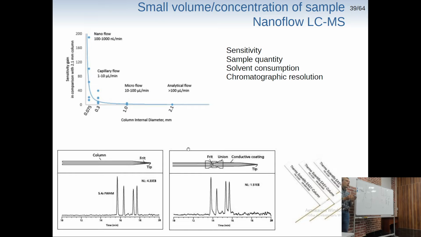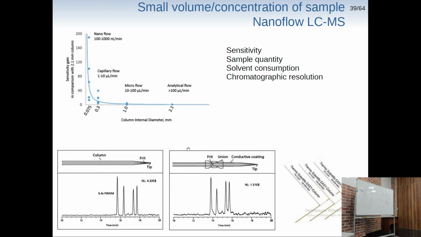Small amount of solvent. As you remember, the flow will allow you to form this plume of droplets which will go to your mass spectrometer. We wouldn't try to diffuse, so almost everything that we get will eventually get analyzed. This idea is really nice for proteomics because we have just a tiny amount, some million of cells, for instance, in some cases, for analysis.